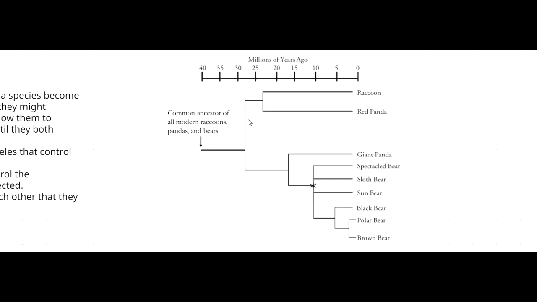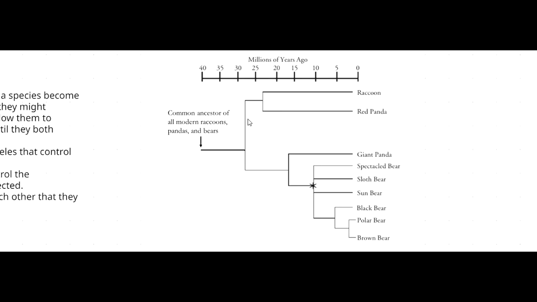So an evolutionary tree allows you to see the relationship between organisms. All right. So the evolutionary tree basically allows you to what?